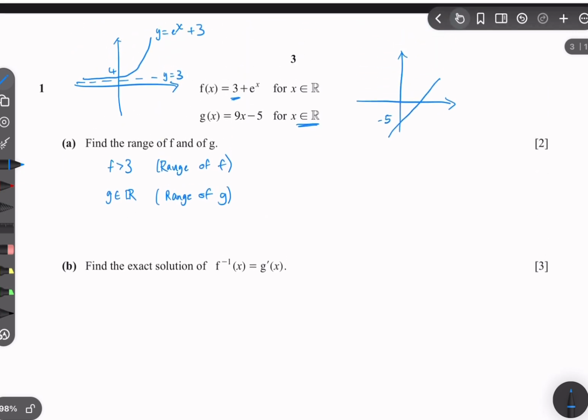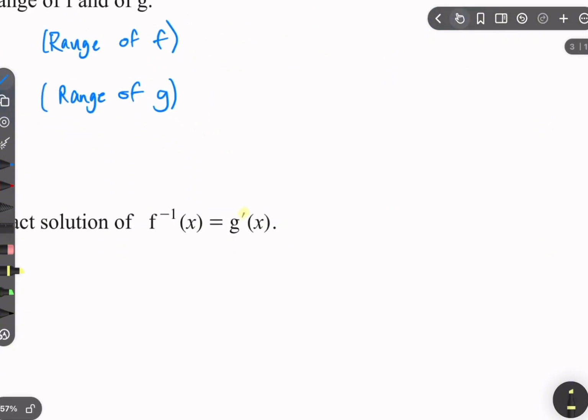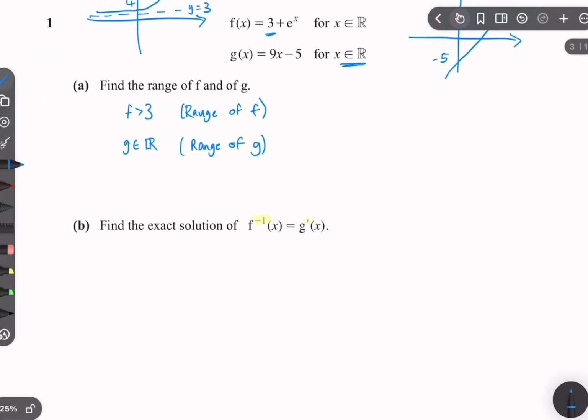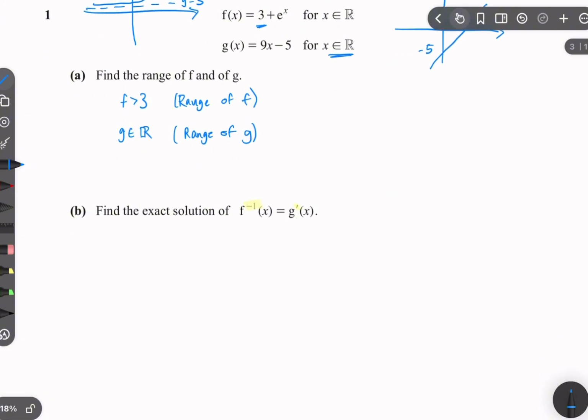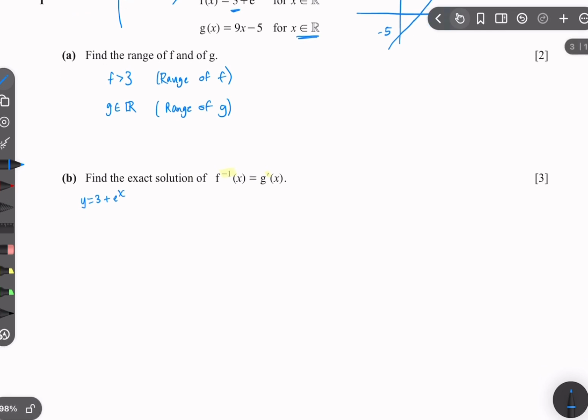Part B, find the exact solution of f inverse is equal to the differentiation of g. Remember that this sign here is differentiation, and this is inverse. To find the inverse of f(x), we write the equation first, y equals 3 plus e^x, and then we rearrange to make x the subject.